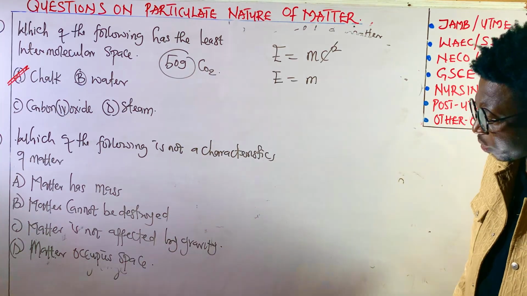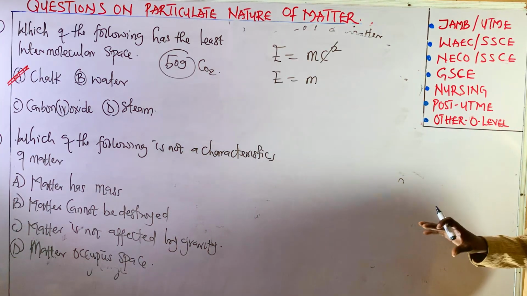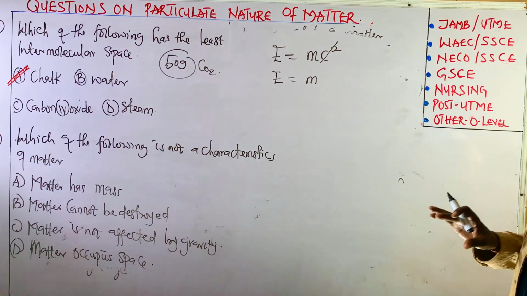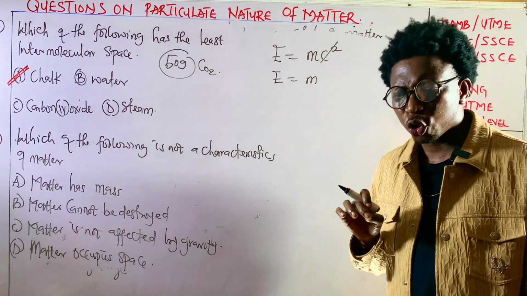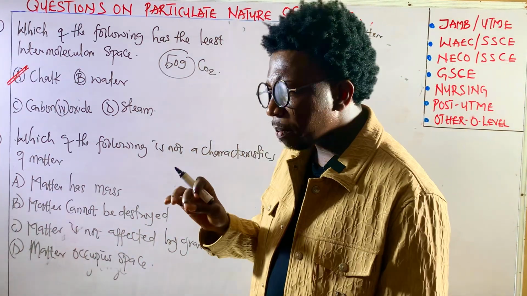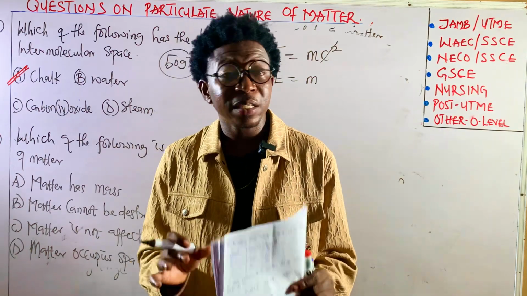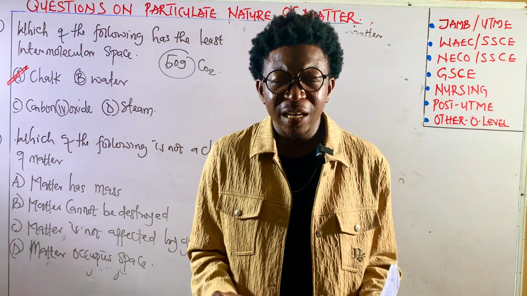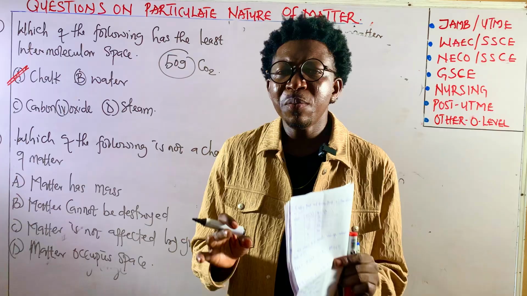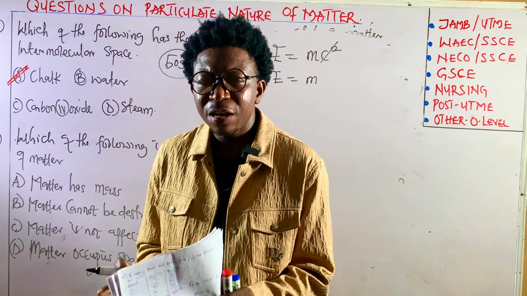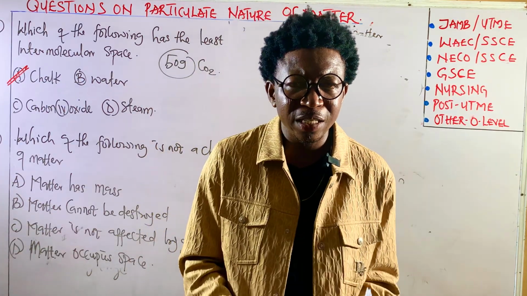Now the next option, C, which is matter is not affected by gravity. That is not true. Any matter rather is affected by gravity. Any matter has mass, and there is a force of gravity acting on a mass.